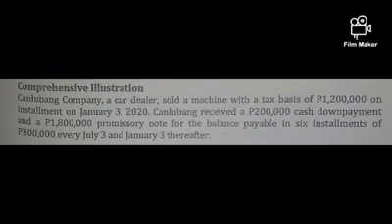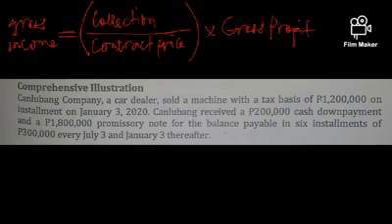Next, we're going to determine how much of the gross profit will be recognized as gross income of Canlubang Company. The corresponding income throughout the installment period is computed using the formula collection divided by contract price times the gross profit.